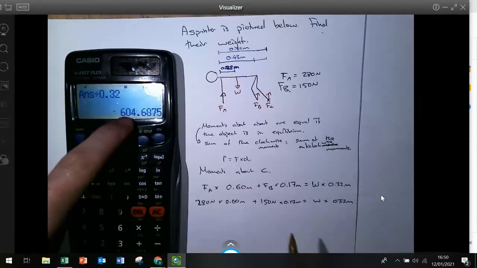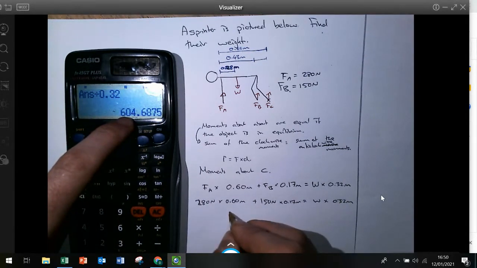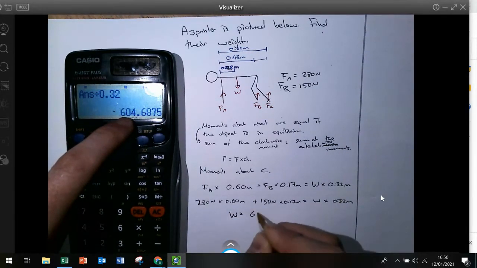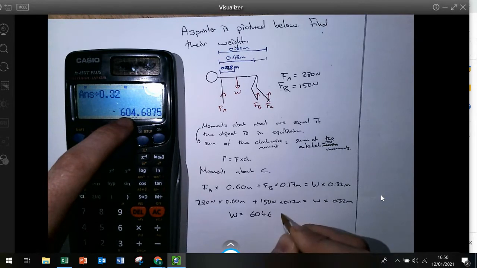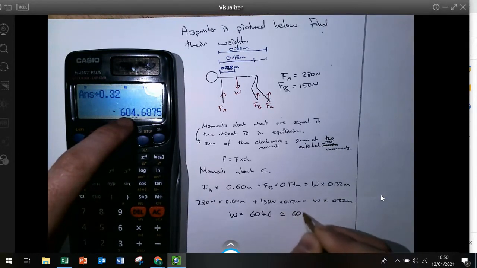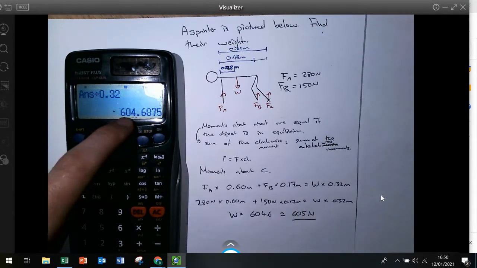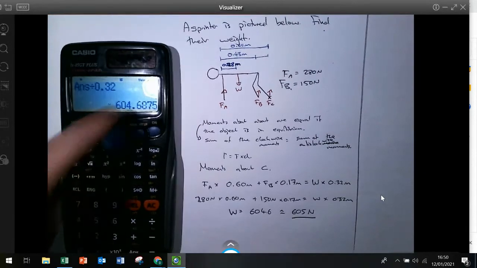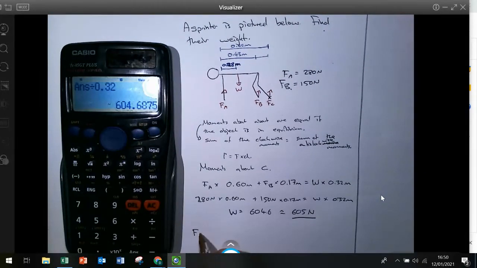And I've got the second answer again. So we've got our W is 604.6 newtons, and I'm going to round that to 605 newtons. Now there's one more part of the question, which is to find force C.